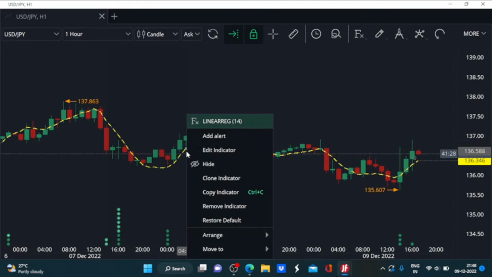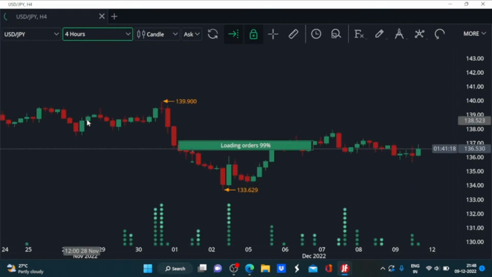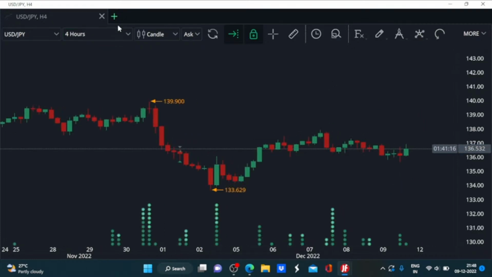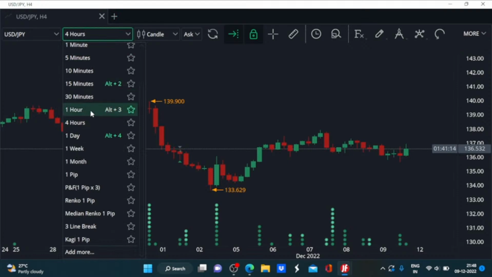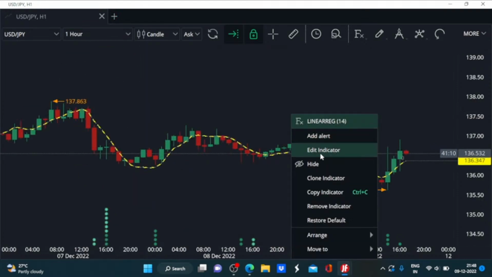And if I then want to change it to say another candle period, I won't be having the indicator plotted. So this is a major difference. Now here there is no plotting, but if I revert back to the hourly, here again we see the linear regression appearing.